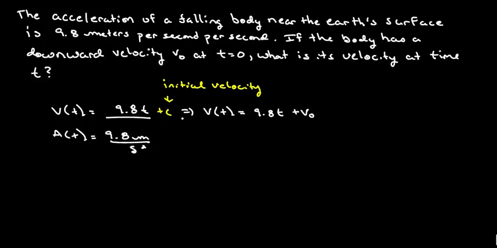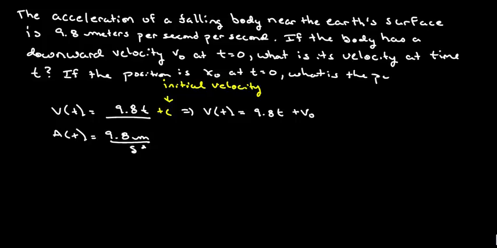Okay, now the second part says if the position is x sub naught at time 0, then what is the position at time t?